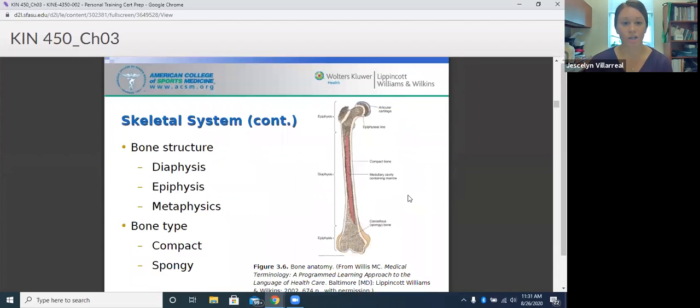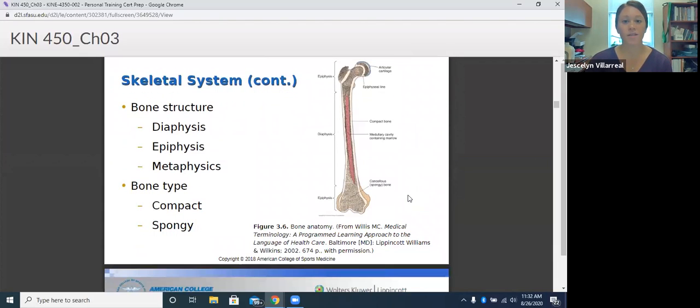Practice, make flashcards. Skeletal system here, looking at the bony structure, you've got different pieces of the bone. Your diaphysis is going to be the main portion of the long bone. The epiphysis is going to be the ends of the bones that are covered by articular cartilage.